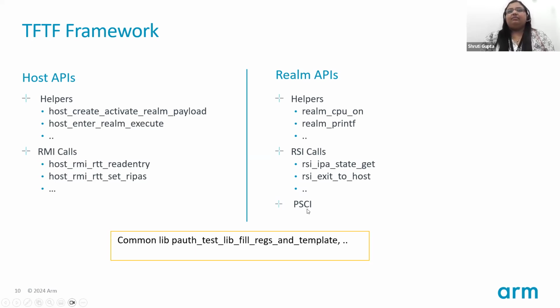In addition, we have standard PSCI calls, which can be integrated into the realm payload. And if there's anything common which needs to be present for both, we have made sure that it is part of a library, and that library is then compiled for both host and realm, like pauth. Both will need to use pauth, so it's a common library, and then it is compiled for both of them.